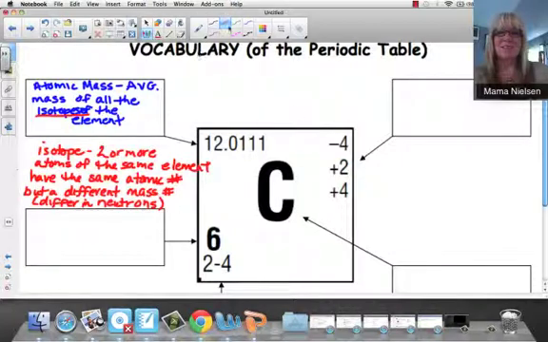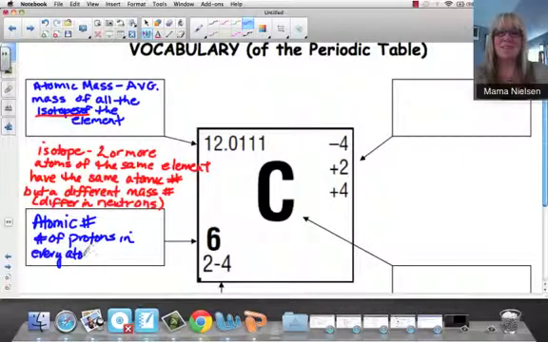So that brings us to atomic number. Down here, this 6 is the atomic number, and most of you probably already know that. I'm going to do some abbreviation here. And that's equal to the number of protons in every atom of the element.